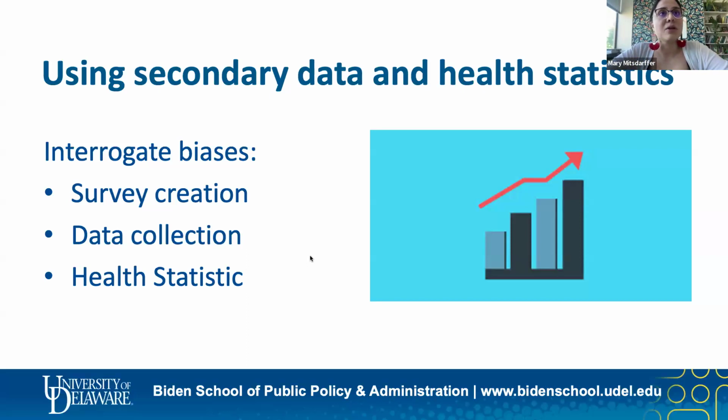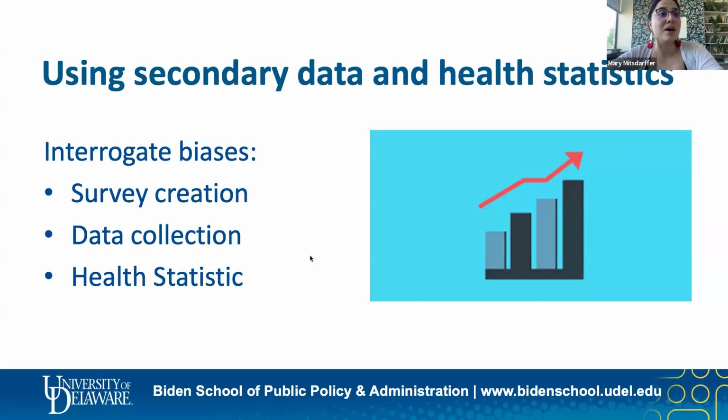I think so often when we look at US data, we're like, oh, this is great. The census reaches everyone, and we don't think about the undercounts. And the undercounts happen across the board, not just within the Latino population, but also within the Black population, within the Indigenous population. And when folks aren't counted, they're not represented. And also within health statistics, right?